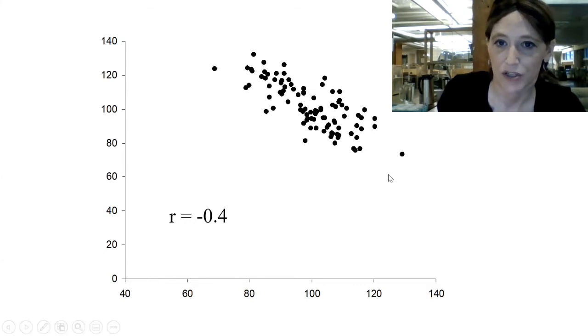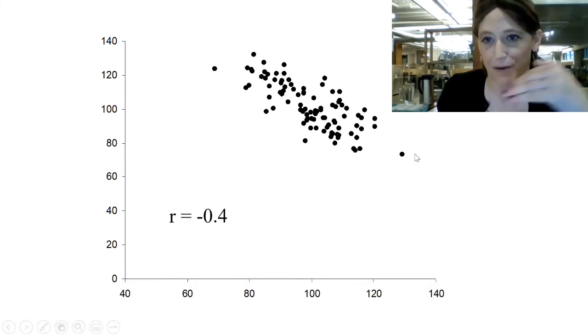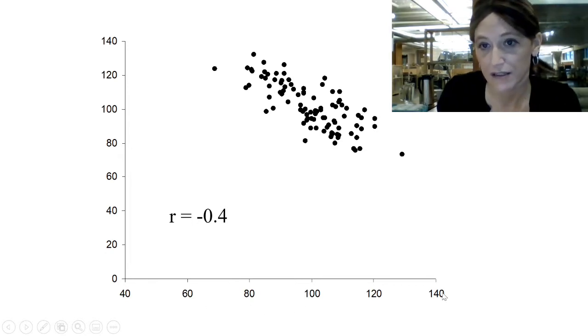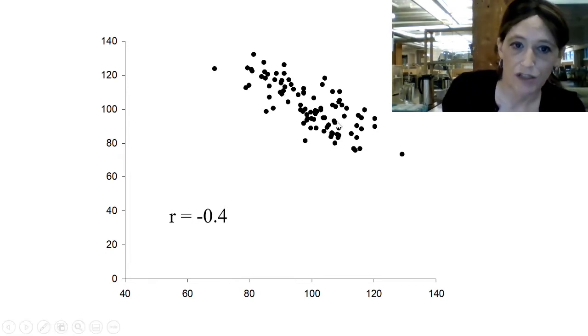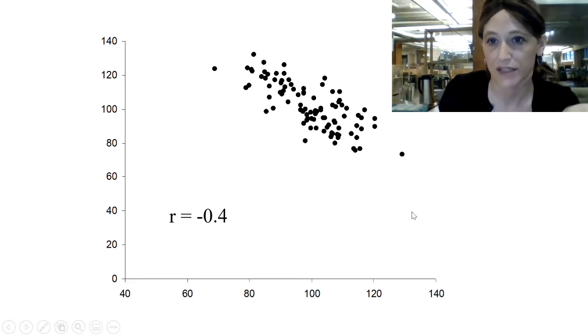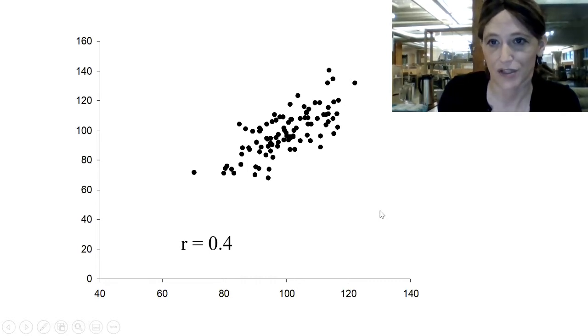A negative relationship, we would just flip it so that as values on X are increasing, values on Y are actually coming down, okay? And so this is just as strong a relationship between the two variables, but one is a negative relationship and the previous one was a positive relationship. As one's going up, the other's going up.